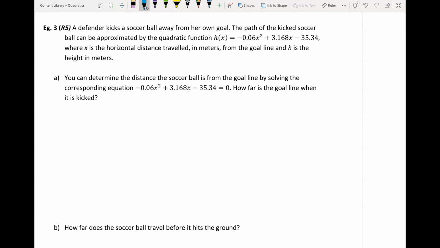So we want to determine the distance the soccer ball is from the goal line by solving our equation. If you want to know the distance the soccer ball is from the goal line, that's here, the horizontal distance traveled in meters from the goal line. So what we want to do, it already tells us to solve for it. So we're going to use our quadratic equation to solve for this, because this is rather hard for us to factor.